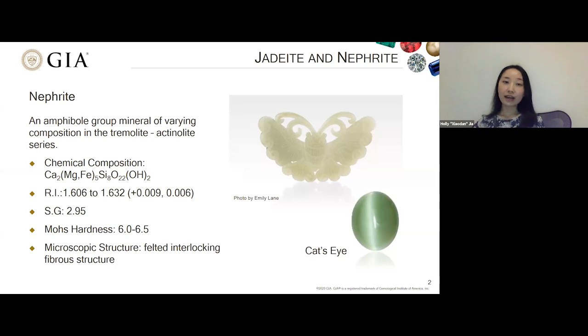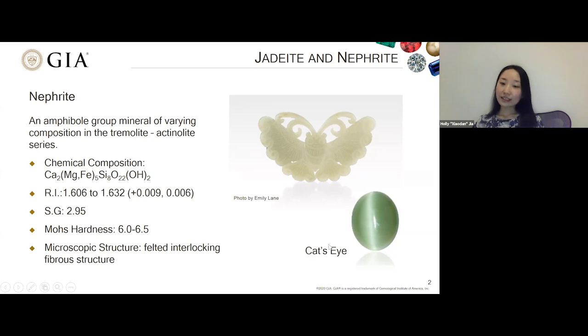Tremolite or actinolite tend to grow into more elongated crystals. Only when their crystals interweave into a very compact felted interlocking structure will they be called a nephrite jade. Sometimes tremolite or actinolite could also form in a more coarse fiber structure that creates a chatoyancy effect.